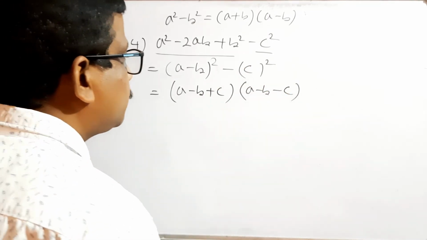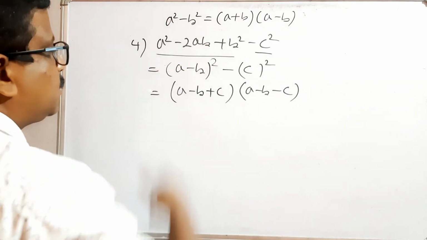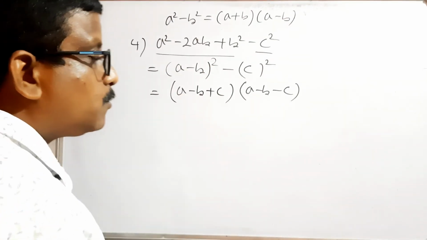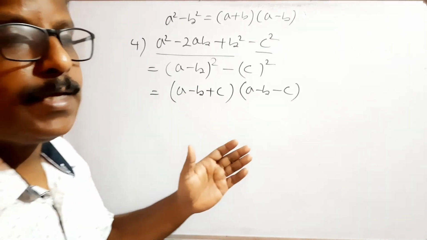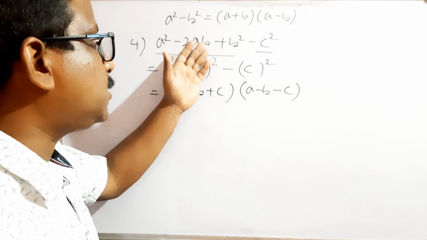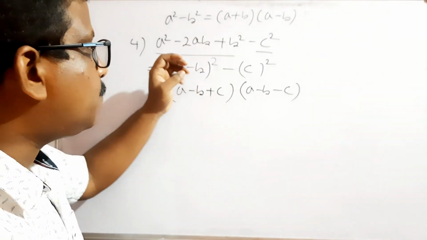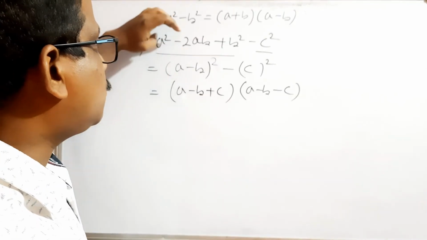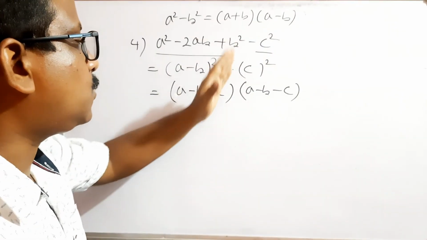Got the answer? How I have brought it to this form. Directly the question is not given in this form. You have to think which method to use. First method, by taking the common factor; here there is no common factor. Second method, by making groups. I made groups by taking 3 terms here and 1 term here, not two terms.